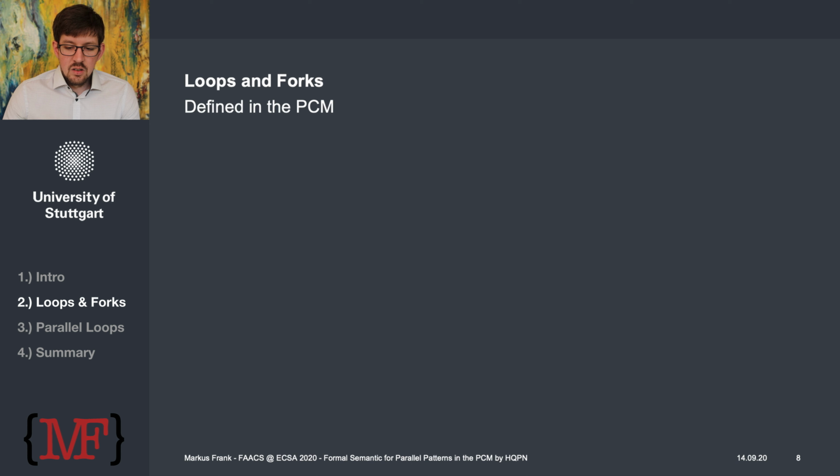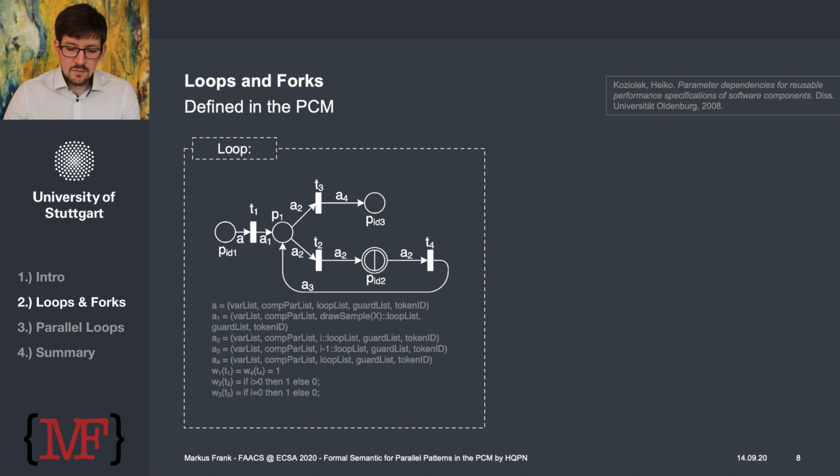So first, let's have a look at the loop action and how Heiko Koziolek specified them in his PhD thesis in 2008. Unfortunately, I also do not have the time to explain the specifications and the math below the nets. So we only focus on the nets here. But I provide them to better follow the explanations along with the paper.